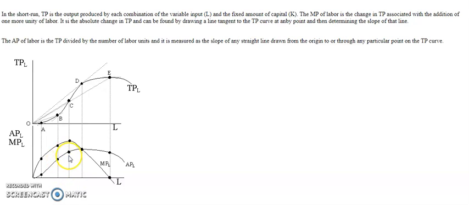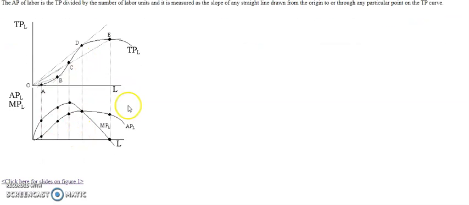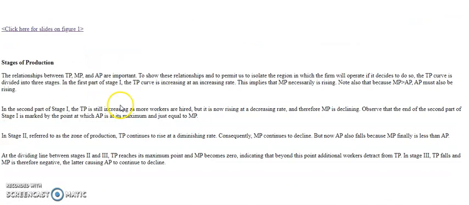Then the marginal product of labor is maximum at a point. At this point, when marginal product is maximum, average product of labor is also increasing. Total product of labor is increasing at a diminishing rate. These are the explanations of this figure.